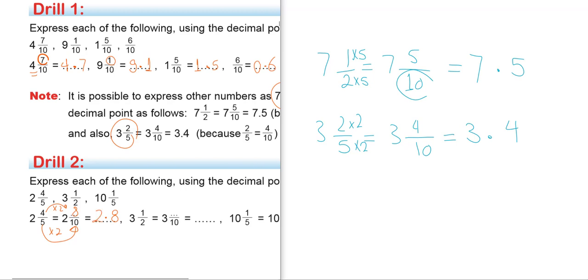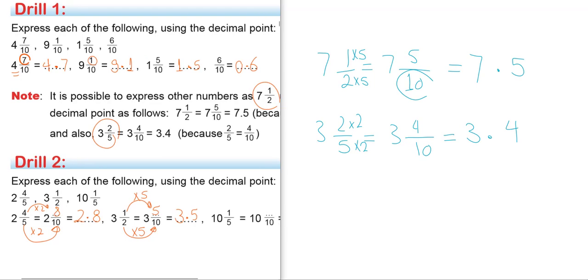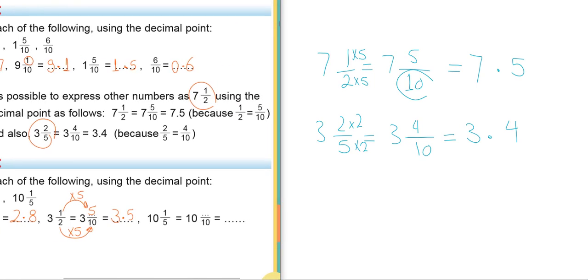Now 2 become 10, so I multiply by 5. So the numerator also multiply by 5. Multiply by 5, then 1 times 5 equal 5. Put decimal point, and there is 5 in numerator, and in the whole part here we have 3. 10 and 1 over 5, or 10 and fifths.